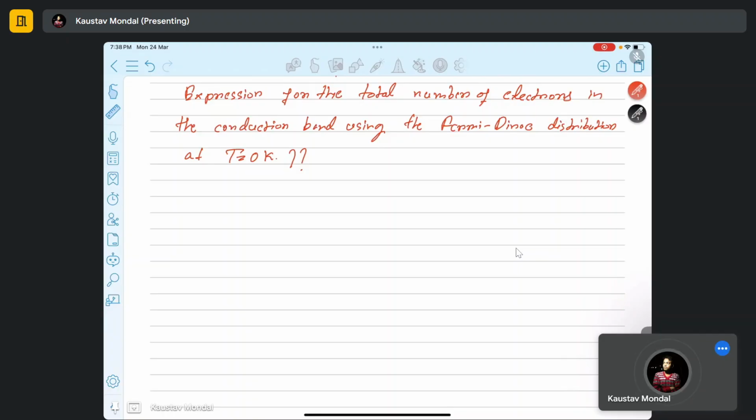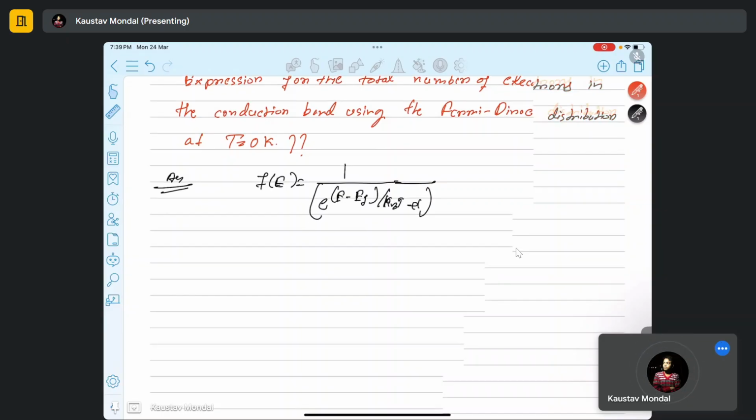So let me write it again for a clearer understanding. The Fermi distribution F(E) would be 1 by e to the power (E minus EF) by kBT plus 1. This is the distribution.